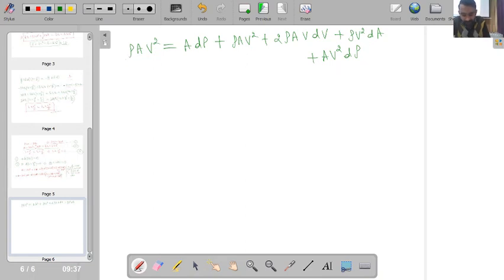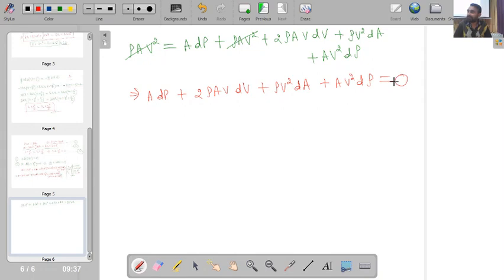Then rho A V square will cancel out, and ultimately I will get A dP plus 2 rho AV dV plus rho V square dA plus AV square d rho equal to 0. Say this is my equation number 4.